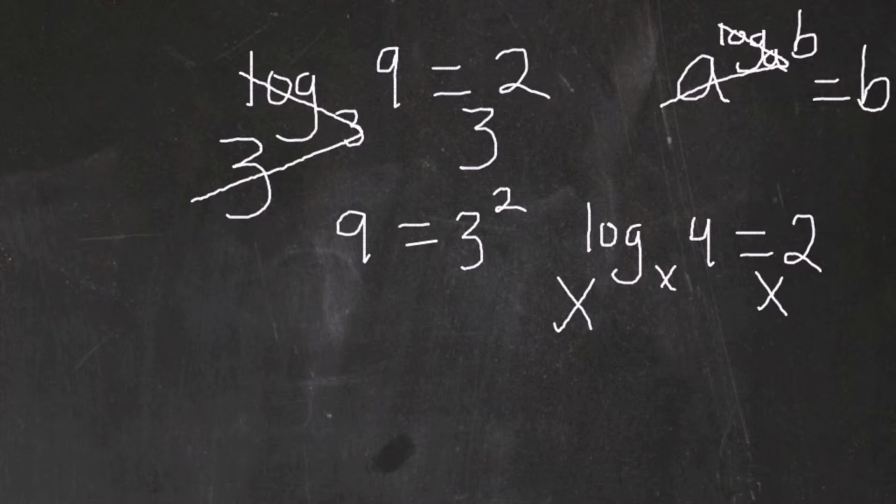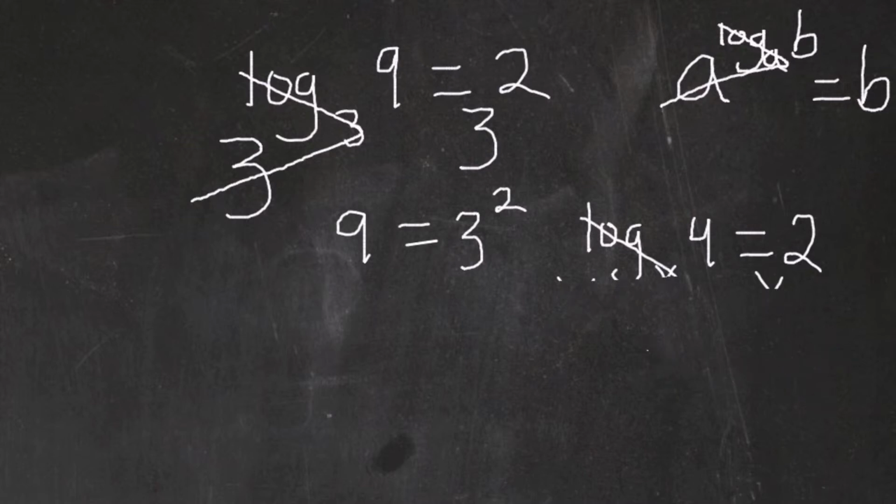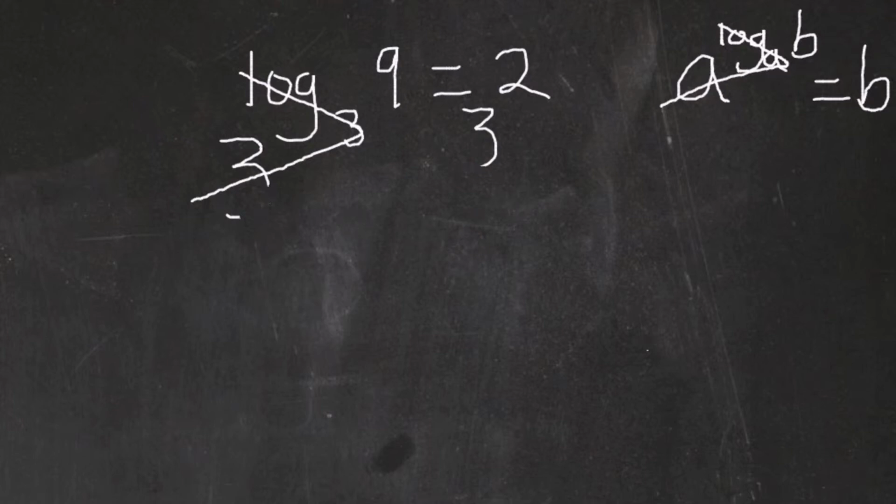Now this is going to cancel because the big base and the base of the log are the same, so then the exponent gets dropped down, which is 4, and we're left with 4 equals x squared. See how it was the same process? We just noticed the base of the log and we raised both sides to that base.